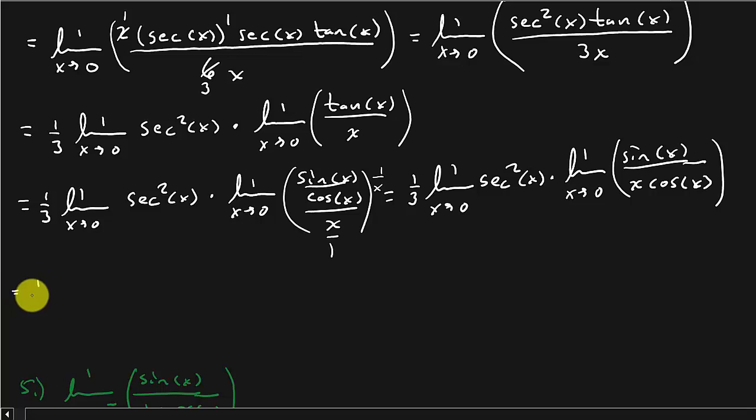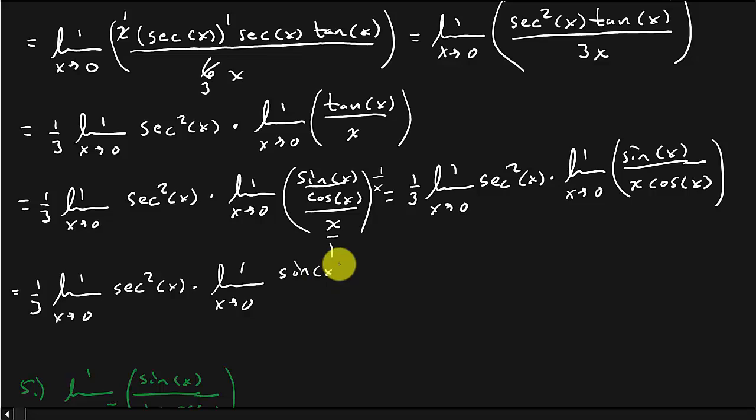So now I've got 1/3 limit as x goes to 0 of secant squared x times the limit as x goes to 0 of sine x over x times the limit as x goes to 0 of 1 over cosine x. All right, so what just happened there?